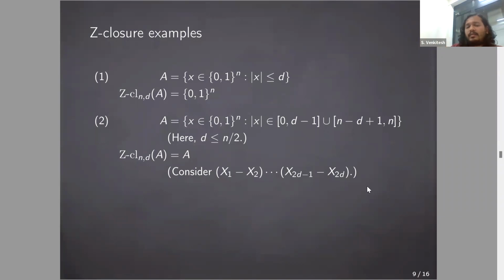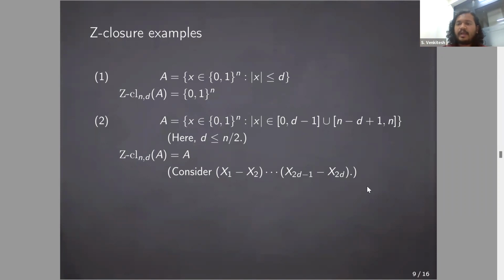That point is not going to be in the closure because the evaluation of this polynomial at that point is 1. And for every other point in that same layer of the same weight, you can consider an appropriate permutation of these coordinates and get a suitable witness polynomial. So the moral of the story is no other point outside the set A will be in the closure.